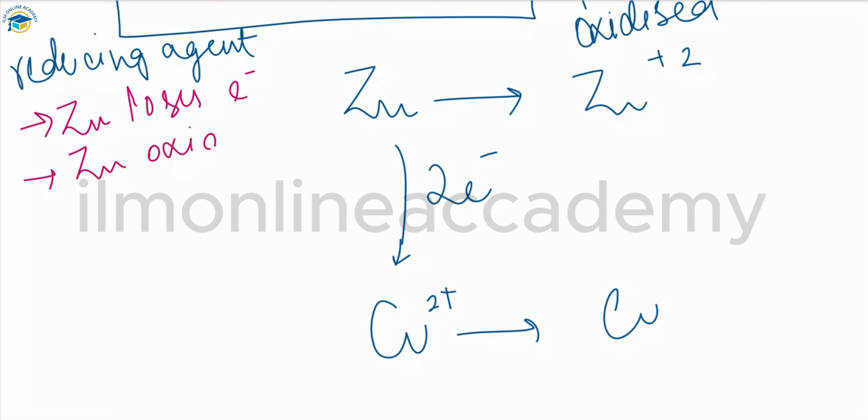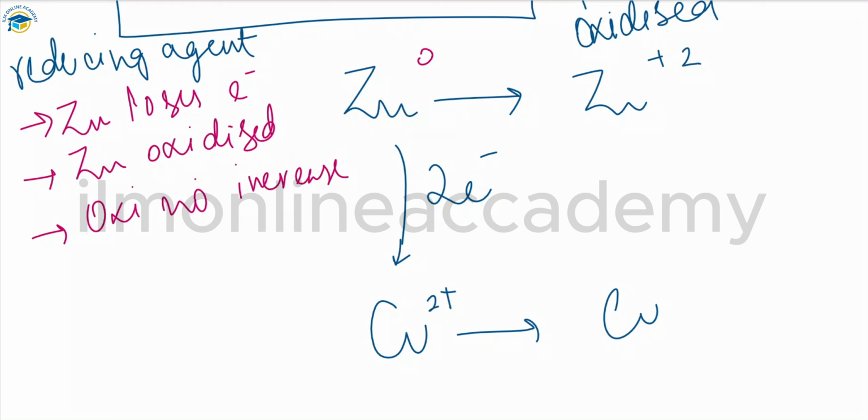So the more reactive metals will do the same as zinc, and the oxidation number increases. You can see here the oxidation number of zinc increases. Before the reaction it's 0, but after the reaction it's plus 2. So these are the properties of reducing agents.